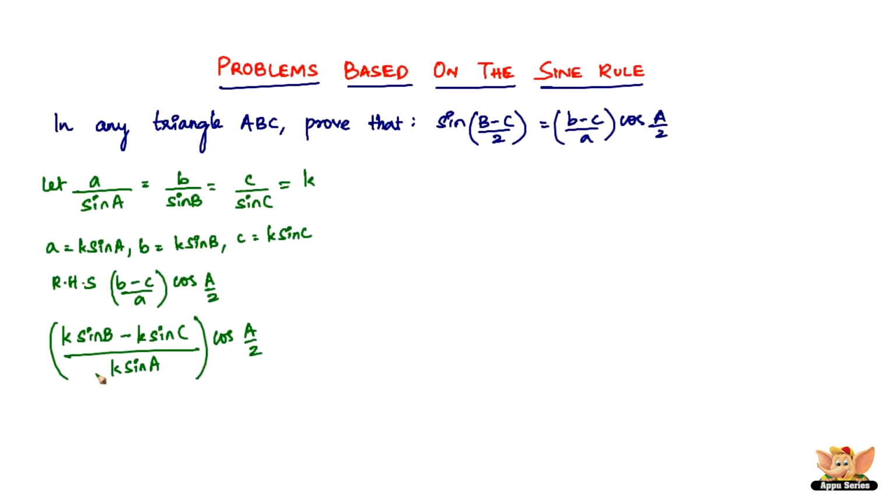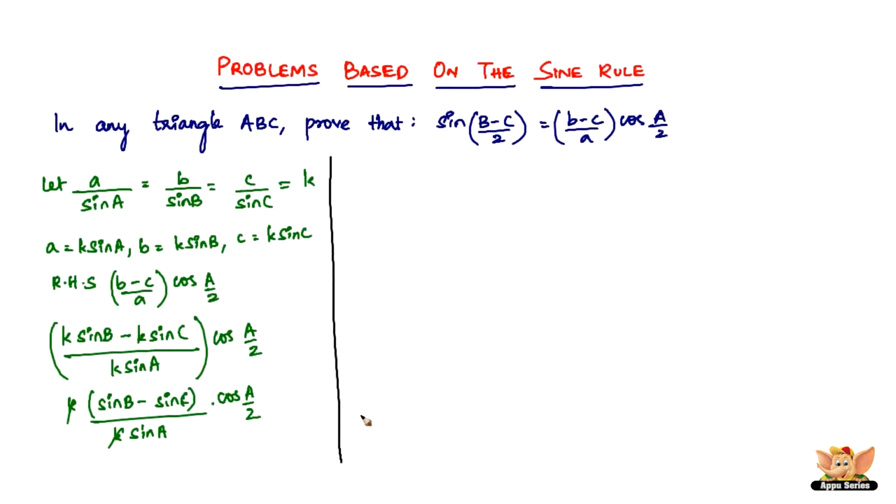So now the next step is to take out the k, since it's the same. So sine B minus sine C, taking out k, and here we have k sine A. The k and k get cancelled, so we're left with (sine B minus sine C) divided by sine A times cos of A by 2. Now the next step is, we need to go back to some of those transformation formulae that we did in the previous videos.